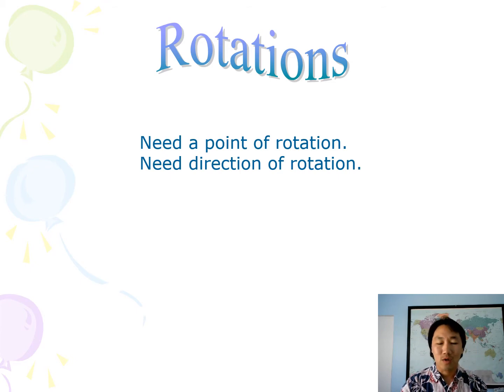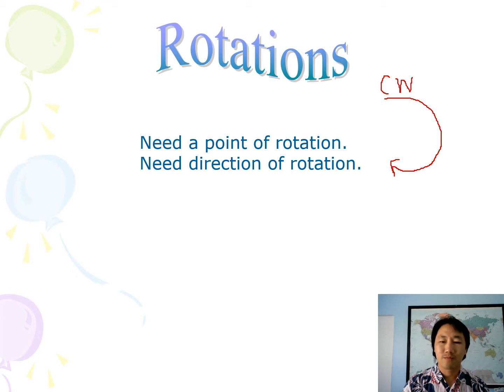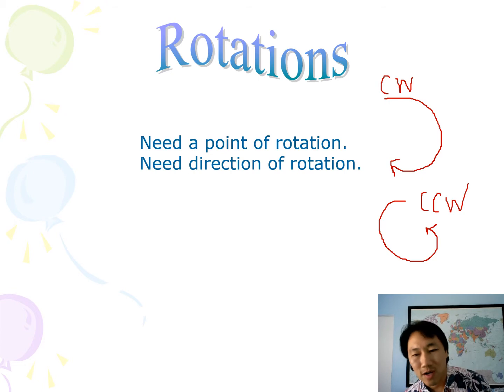clockwise or counterclockwise. This would be clockwise if you think of a clock. We'll abbreviate it CW. And then counterclockwise would obviously go this way. And we abbreviate it CCW for counterclockwise.